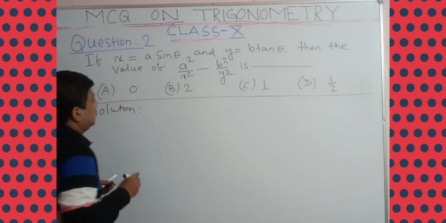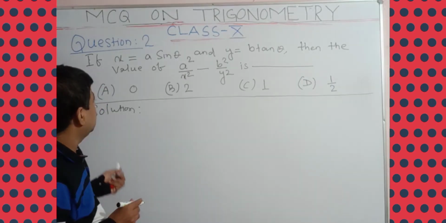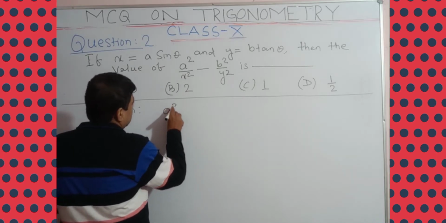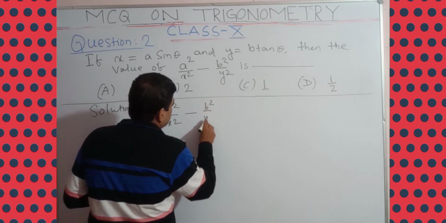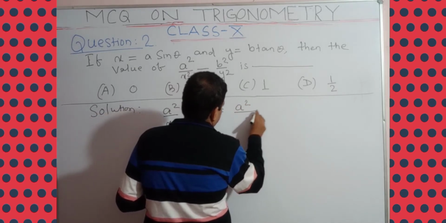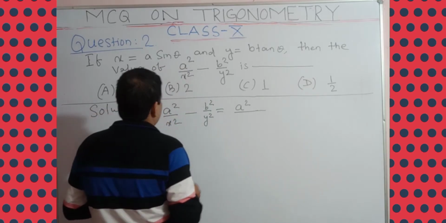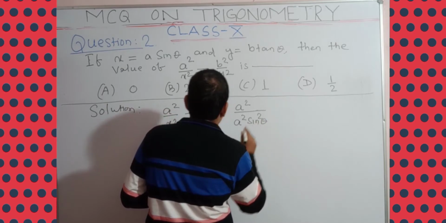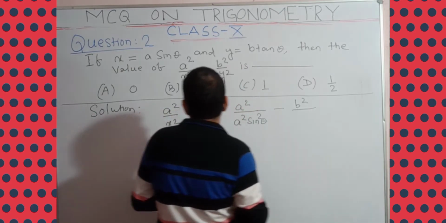Let us see. Here x is equal to a sin theta given and y is equal to b tan theta given. Very simple. And in place of x you use the value in the given expression. Now it is given a square upon x square minus b square upon y square is equal to a square divided by, in place of x I can write a sin theta whole square, which is a square sin square theta, yes or no, minus b square divided by y square.